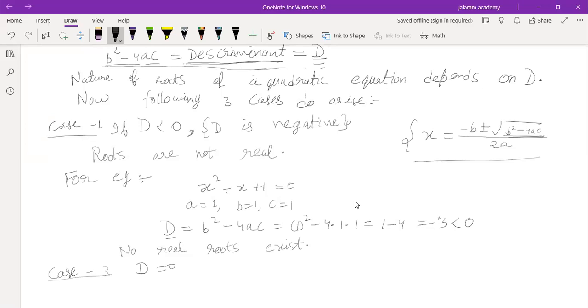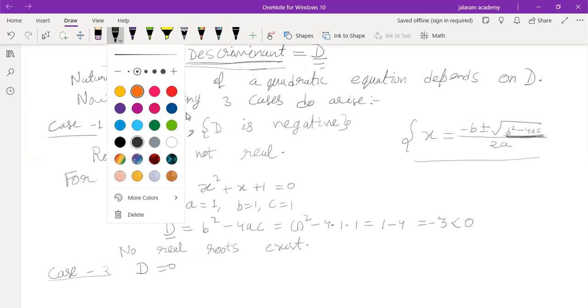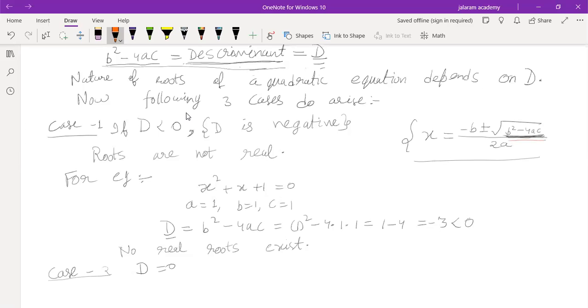And discriminant is 0 means the value of b square minus 4ac is 0. So the value of x in that case will be minus b plus minus 0 upon 2a. That is, the first root is minus b by 2a and the second root is also minus b by 2a. Is that clear to everyone?